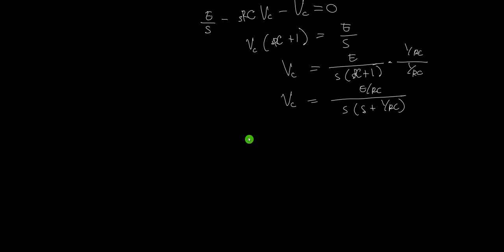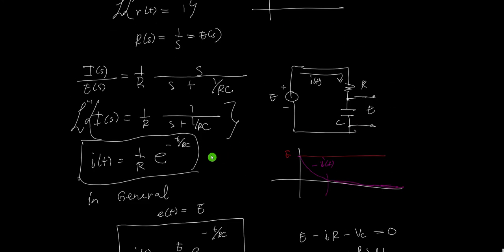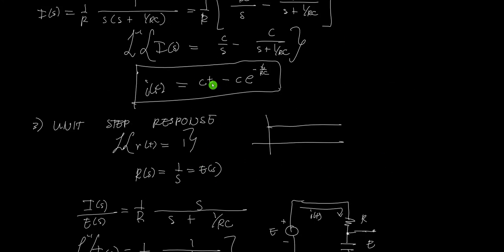And to solve this, we again apply the partial fractions. This is just E over RC, 1 over S times S plus 1 over RC. I actually did this part here.